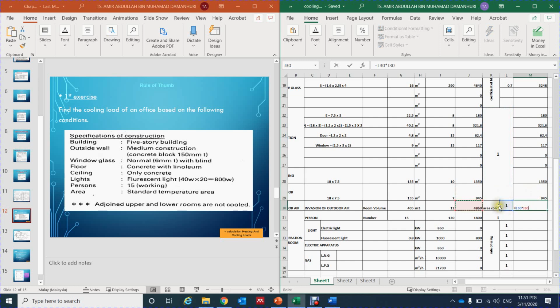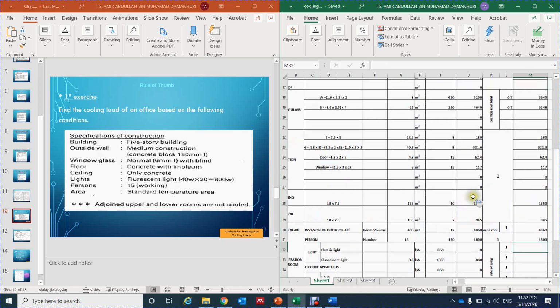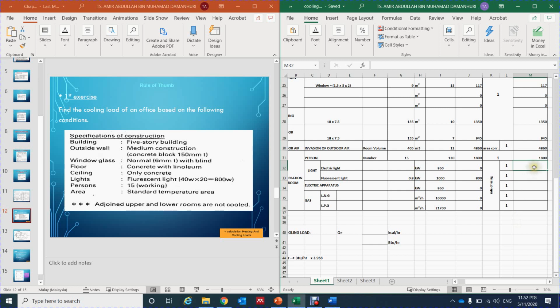To get the times symbol, it is shift 8, you can get the multiple sign here. And then here also same, this side times 1800, it is C coefficient, right? So here we don't have the electrical light, and then the fluorescent here we have 1 times 800 here. Then we don't have electrical apparatus or any other things.